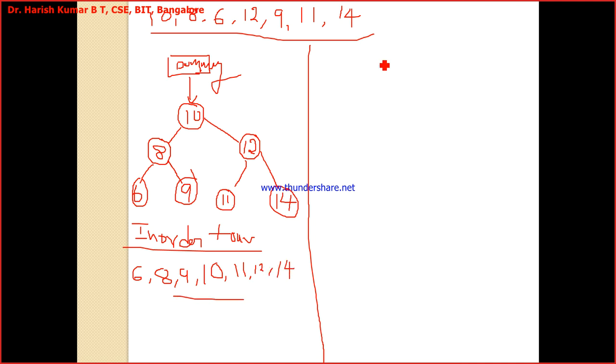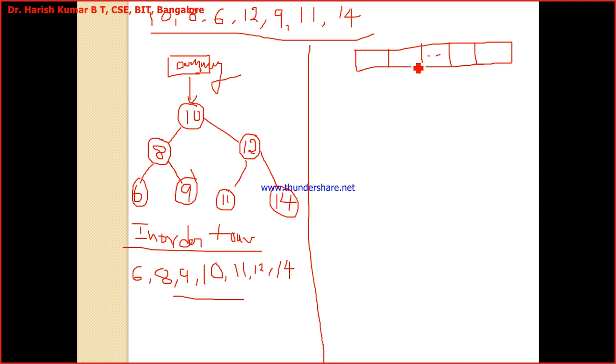Now we'll start writing the threaded binary tree for this. First I'll write a dummy node. I'll leave this blank. This is the left child, this is for the right child, and this is for the boolean value.